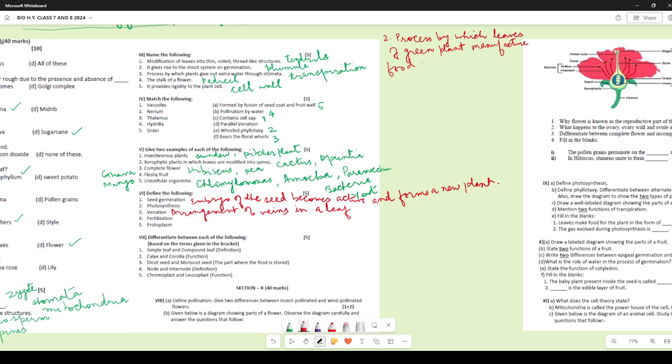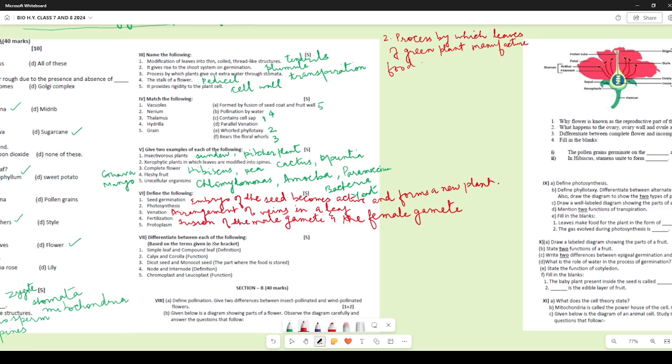Now let us talk about fertilization. So what is fertilization? Fertilization is fusion of the male and the female gamete. The male gamete and the female gamete, right? That is known as fertilization. Protoplasm.